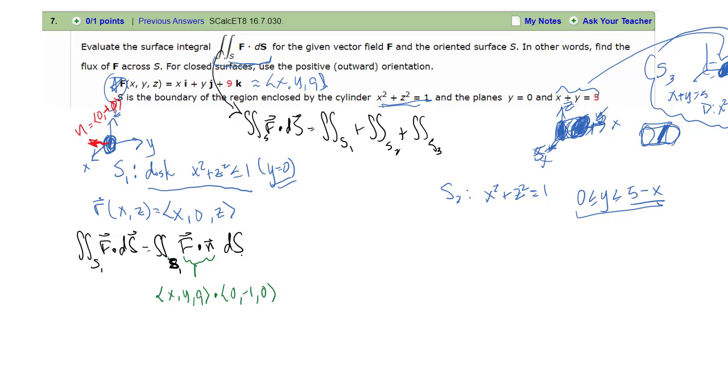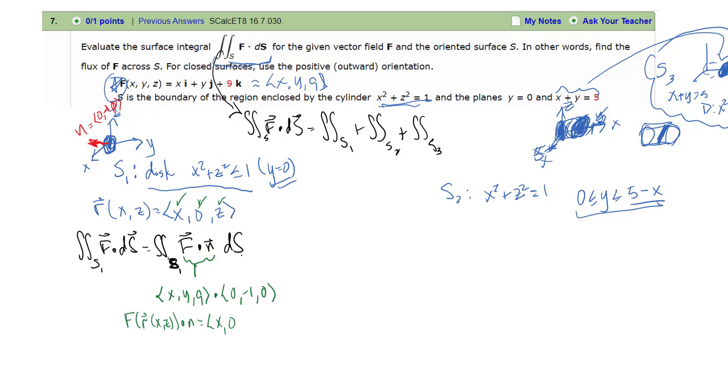We also want to make sure that we put this parameterization into F. So F of R of x, z dotted with n is going to be x is x, y is 0.